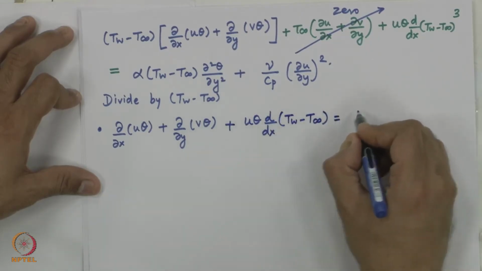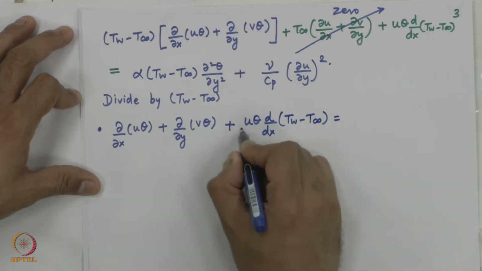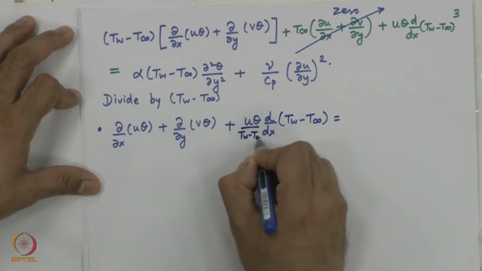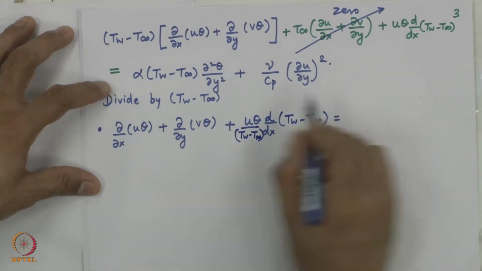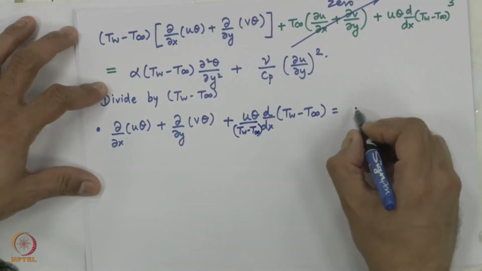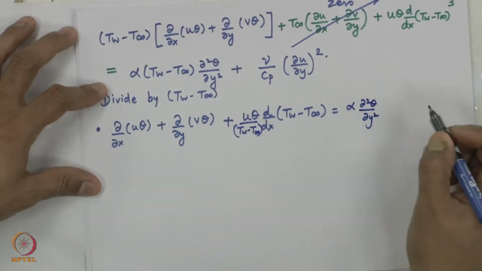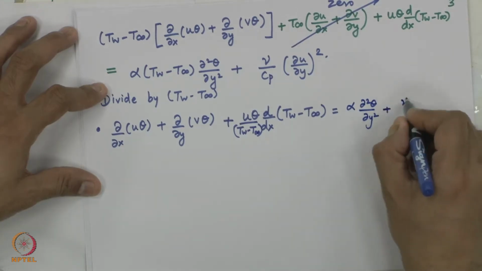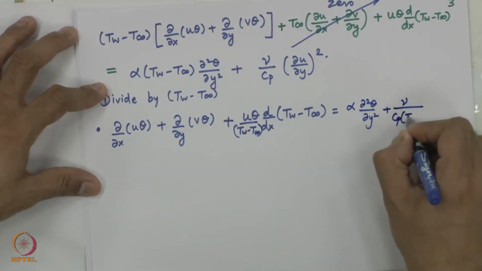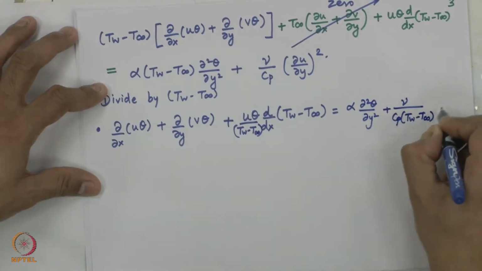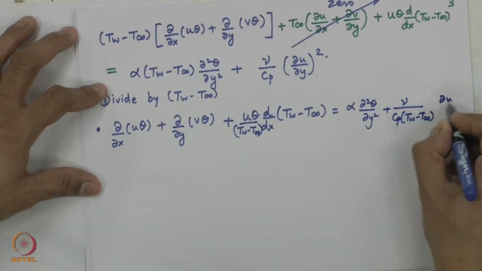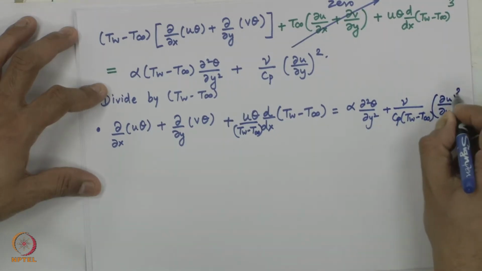On the right hand side, T wall minus T infinity will cancel. So, I will get alpha d squared theta by dy squared plus nu over Cp over T wall minus T infinity times du by dy whole square.